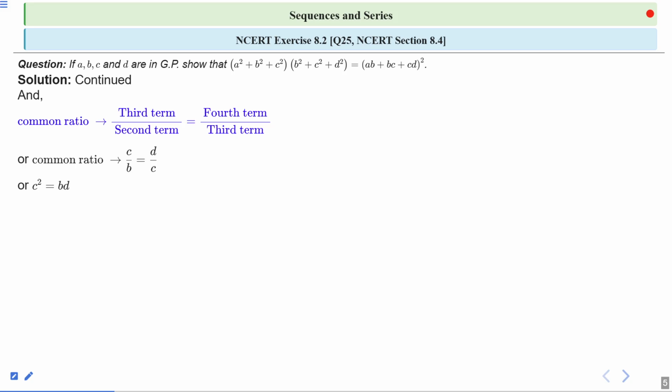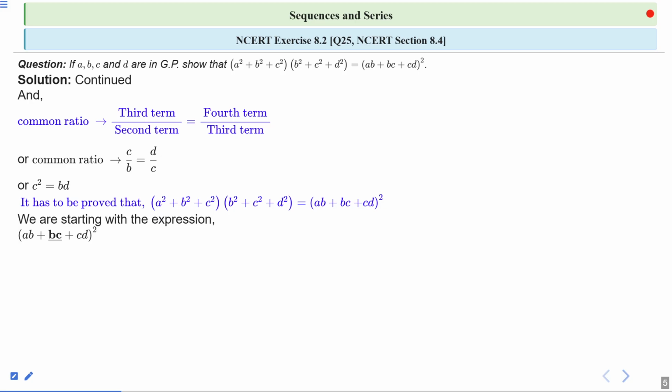Now if we cross multiply, we will get C square is equal to BD. So note this equation. Then what we have to prove is that (A square plus B square plus C square) multiplied with (B square plus C square plus D square) is equal to (AB plus BC plus CD) whole square. This is what we have to prove.